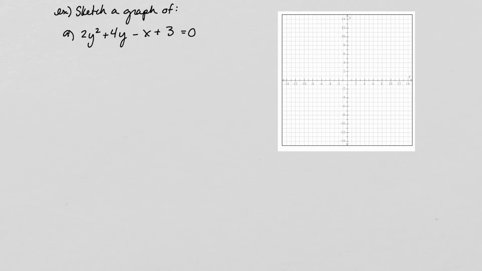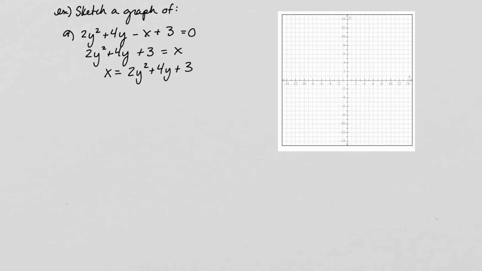So we have 2y squared plus 4y plus 3 equals x, and I'm just going to rewrite it so x is on the left-hand side. So x is equal to 2y squared plus 4y plus 3.